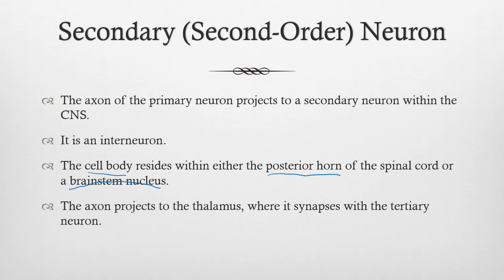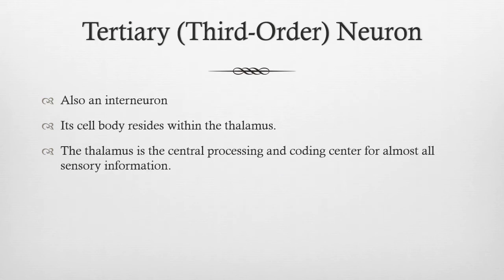It then sends its signal up towards the thalamus, and the thalamus has its say in the matter, and then it synapses on our tertiary or third order neuron.